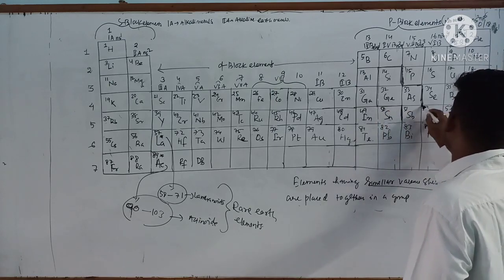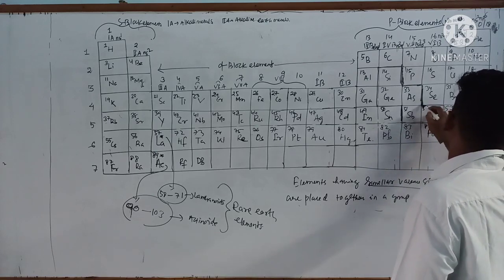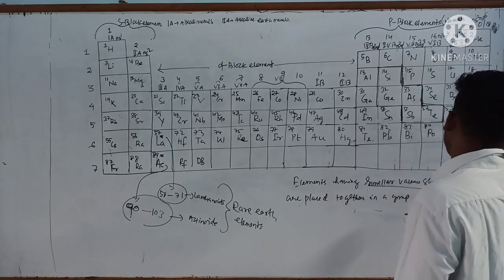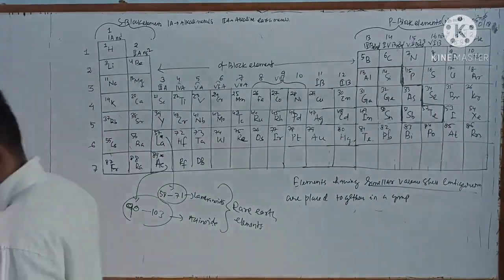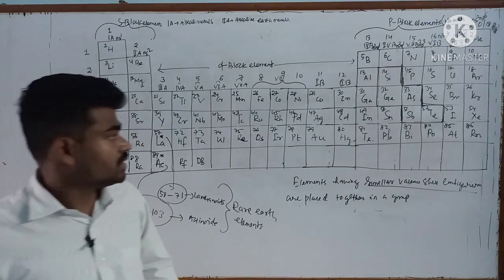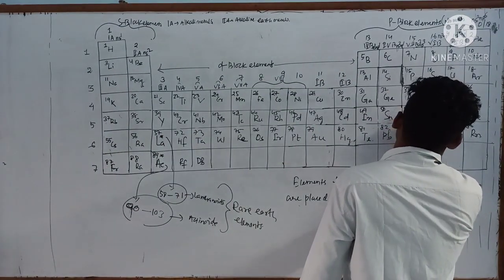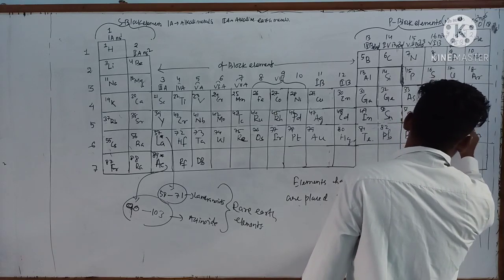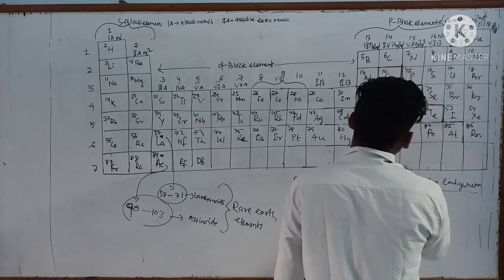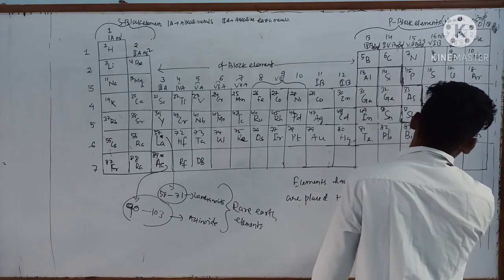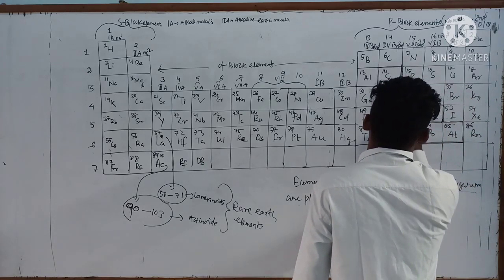Here there is a diagonal relationship, and this diagonal relationship indicates that these are having characteristics of metalloids.